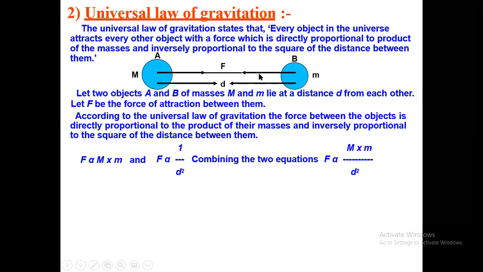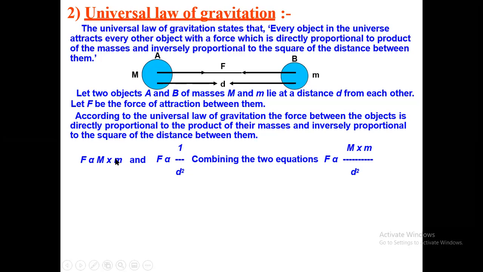Let F be the force of attraction between A and B. According to the universal law of gravitation, the force between the objects is directly proportional to the product of their masses, capital M and small m, and inversely proportional to the square of the distance between them. The distance is d, so F is proportional to 1 upon d square.